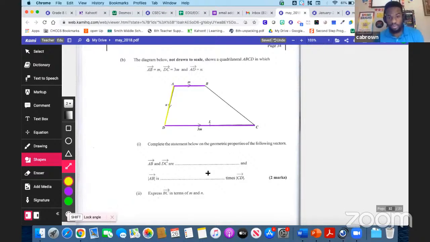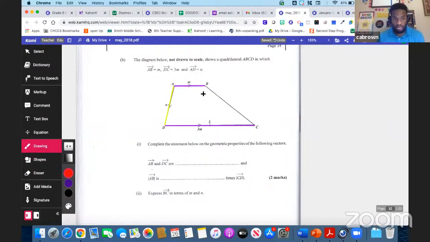Complete the statement below on the geometric properties of the following vectors. AB and DC are, let's look at AB and DC. We can clearly see that they are parallel. How do I know that? It's stated right here. These two lines mean that they are parallel.